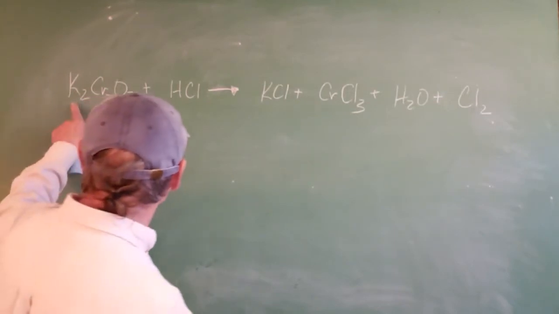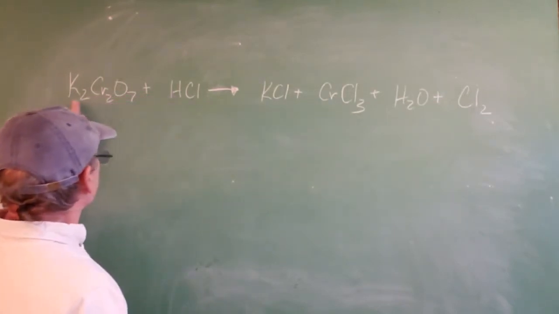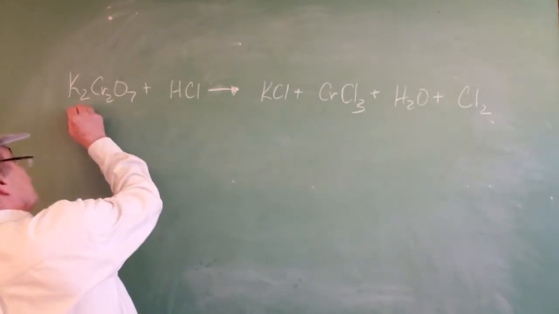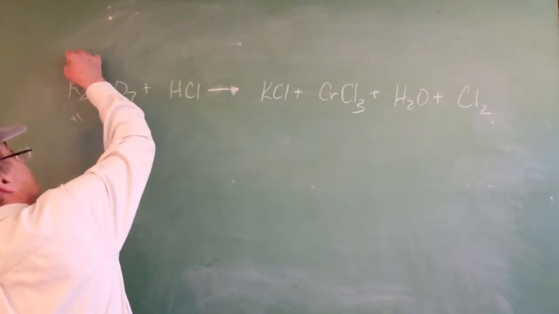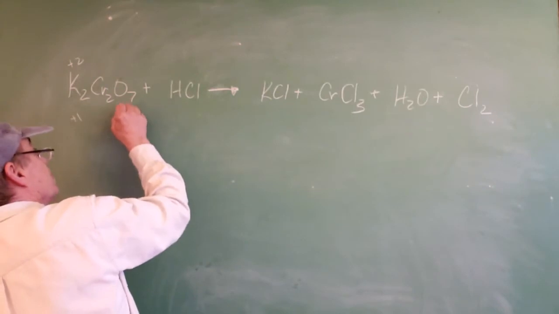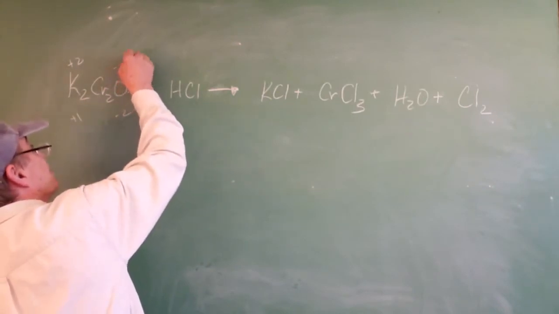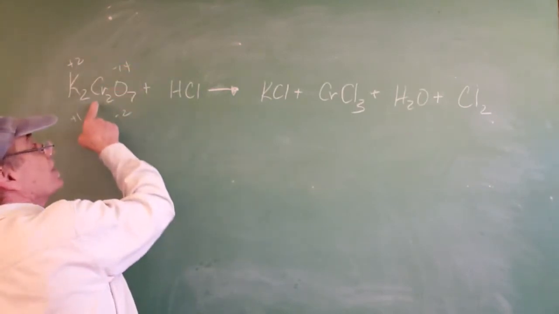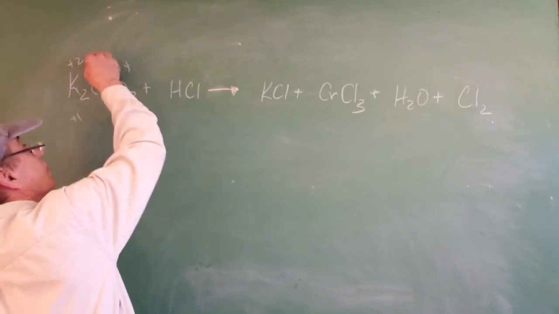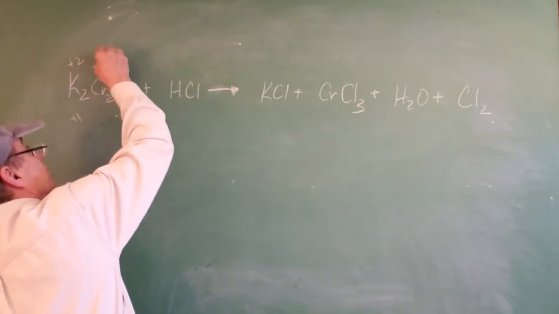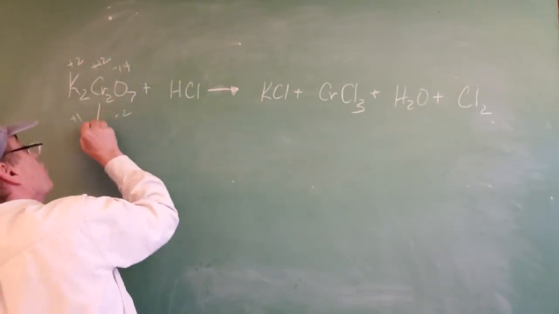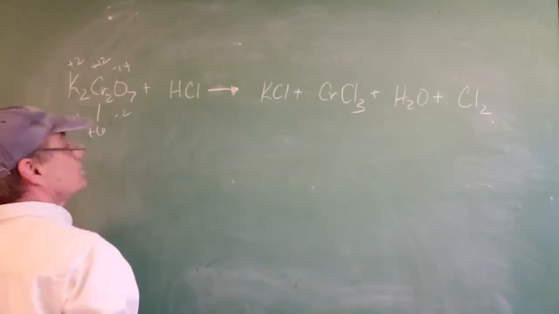Now, first off, going through potassium dichromate, the potassiums are +1 each. So that's +2. The oxygens are -2 each. That's -14. That means together these two chromiums are +12. That makes this a chromium +6, right?